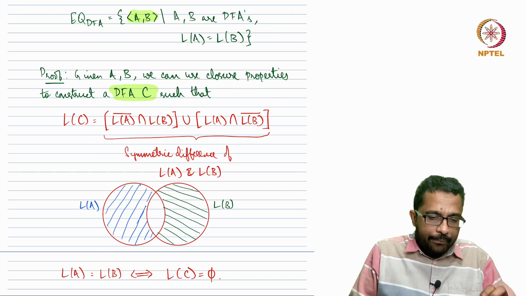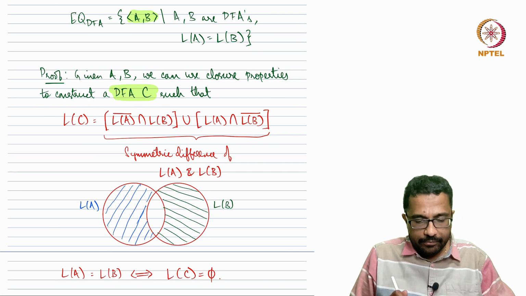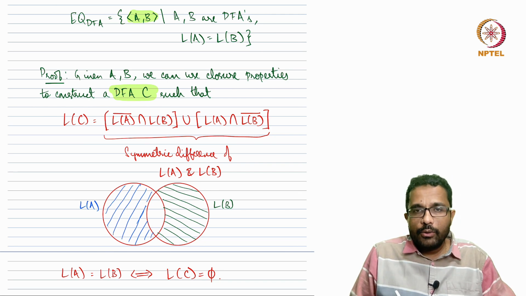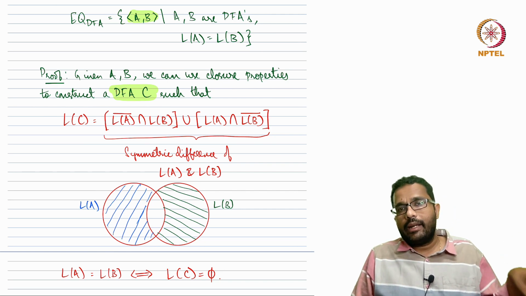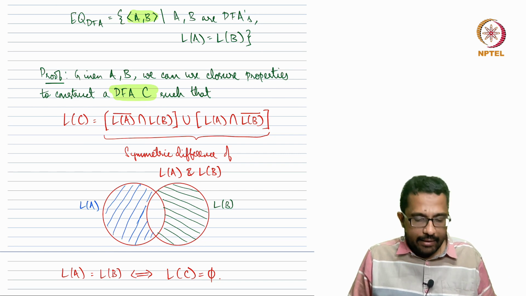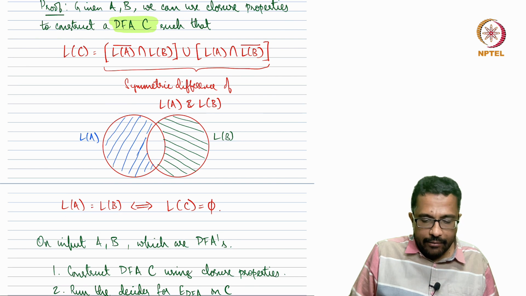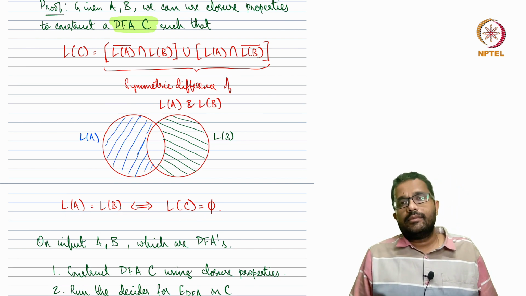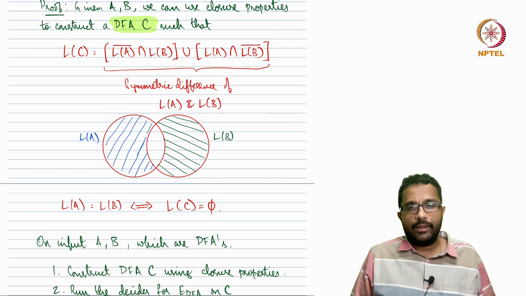Now, when LA is equal to LB, what is the symmetric difference? So if LA and LB are the same, there will be nothing that is in LA which is not in LB, and vice versa. So which means that if LA is equal to LB, then the symmetric difference will be empty, right? And if the symmetric difference is empty, then LA is equal to LB.